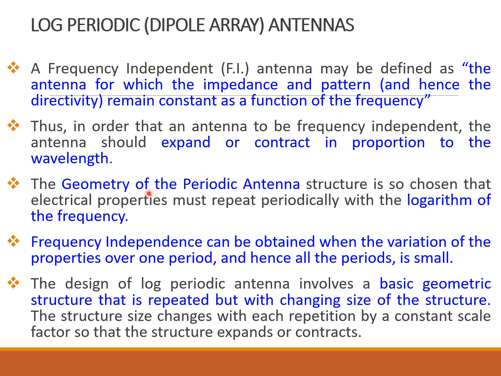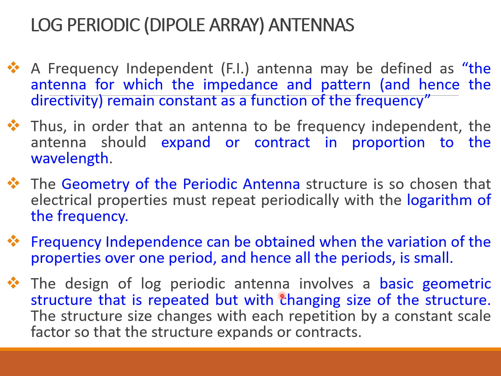Right? The geometry of the log periodic antenna, as the name indicates, the electrical properties repeat periodically with the logarithm of the frequency, and hence the name log periodic antenna. Now the variations of the properties over one period get repeated every period.